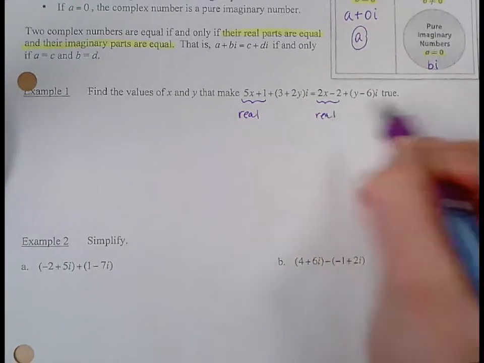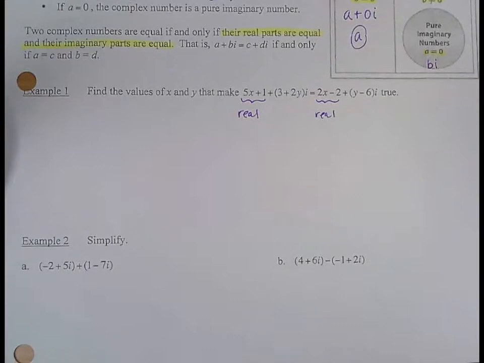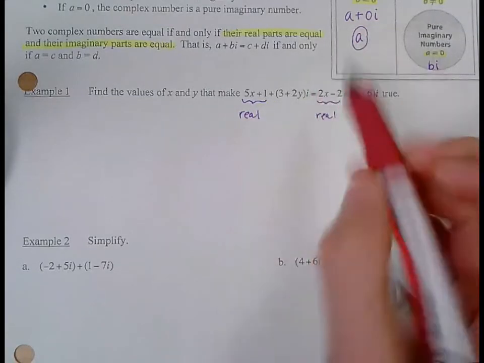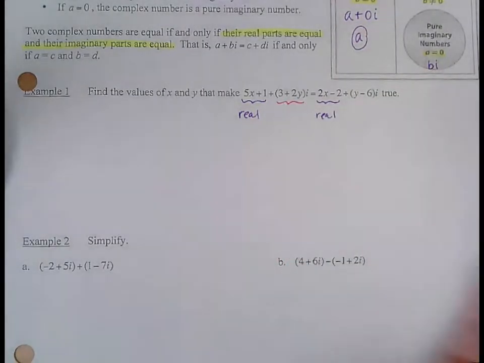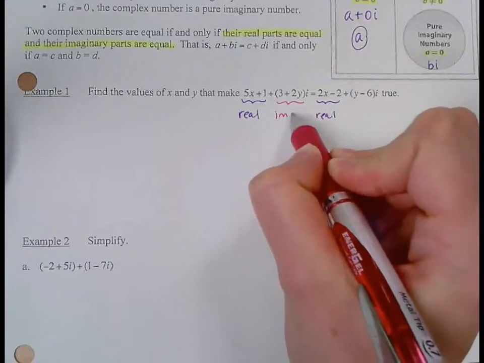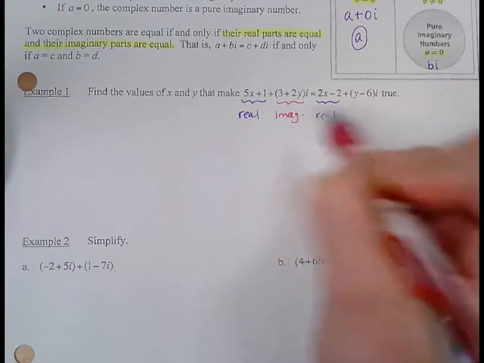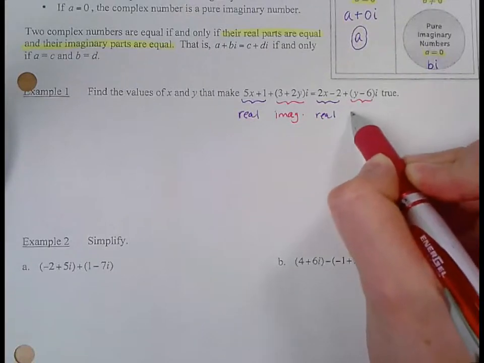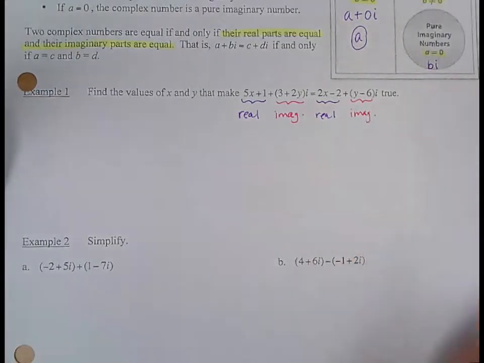So that is the real part on that side. And then identifying imaginary parts. So on the left side of the equal sign, the 3 plus 2y is being multiplied by i. That's the imaginary part. I'm just going to abbreviate imaginary there. And then same with the y minus 6 on the right side.